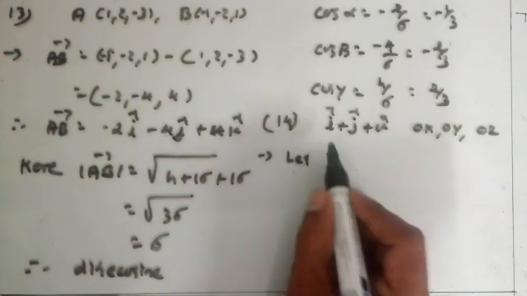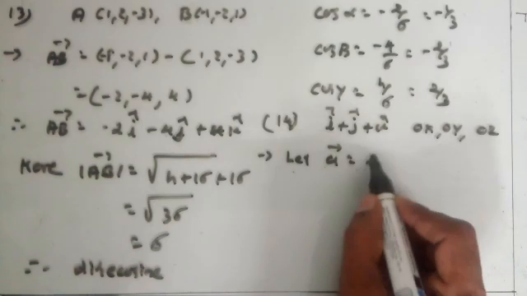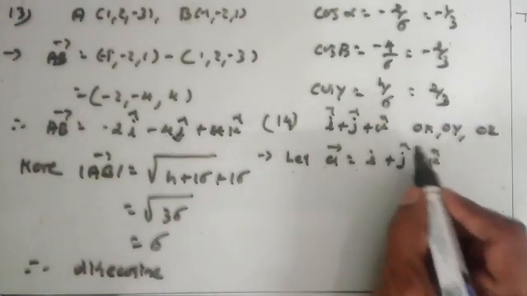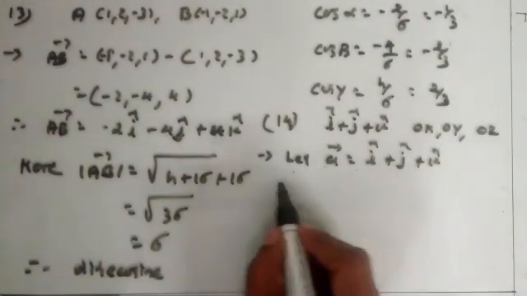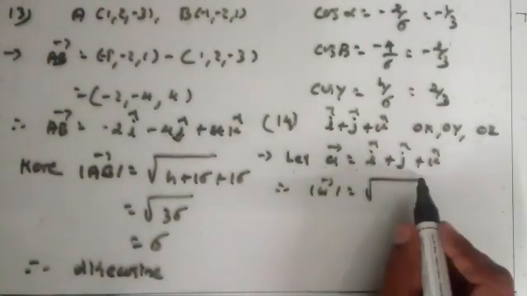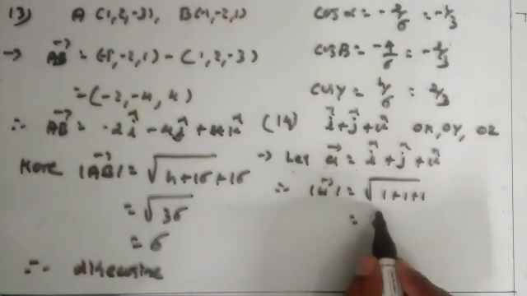First denote the given vector by a. Let vector a be equal to i + j + k. Therefore find the magnitude of a. Mod of a is equal to root of 1 square is 1 plus 1 square is 1 plus 1 square is 1, equal to root 3.